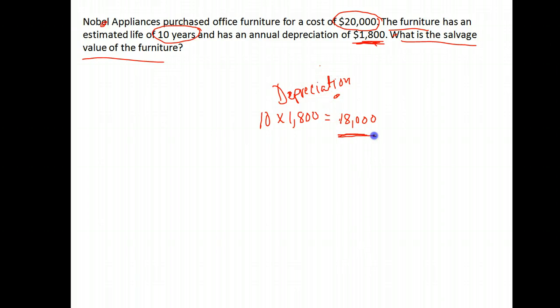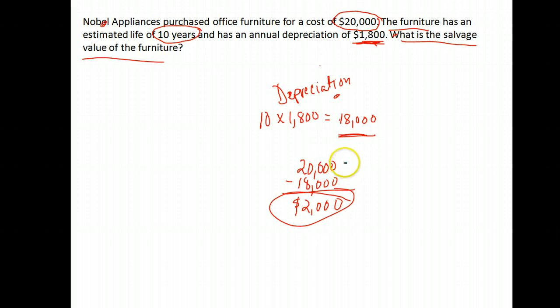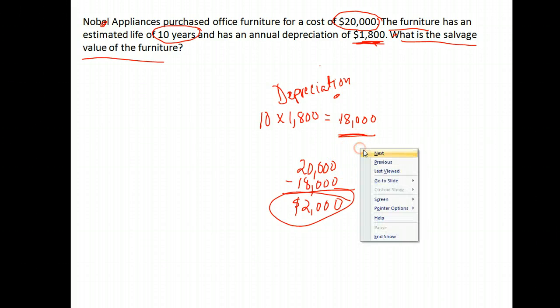So whatever amount is left of the value, that's its salvage value. That's what they can still get out of it. Well, originally it was worth $20,000, and again over the 10 years it went down $18,000 in value. So how much value is left? There's $2,000 worth left. That is the salvage value, or the amount they figure they'll still be able to get for it.